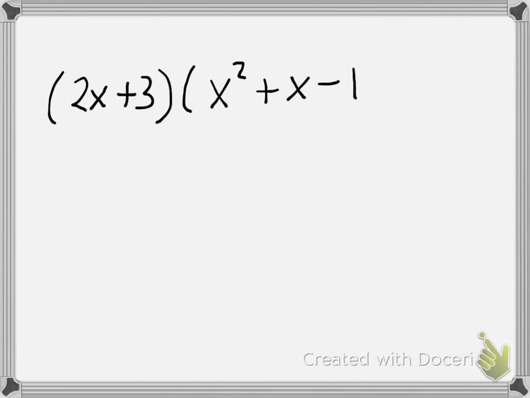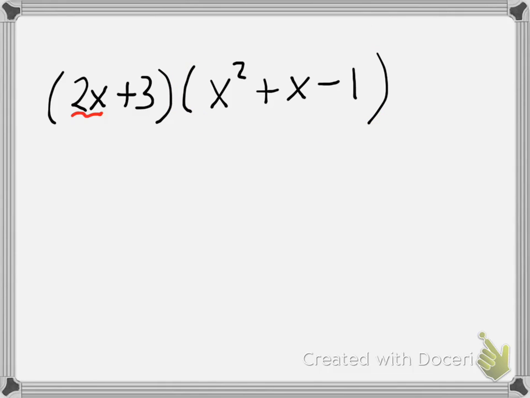Little bit tougher. What if you have a binomial, and it's not times a binomial, but it's multiplied by a trinomial? It is the same idea. So this 2x, I'm going to start with that, and I'm going to distribute it through here before I move to the 3.